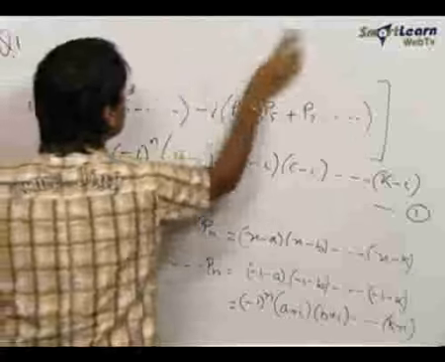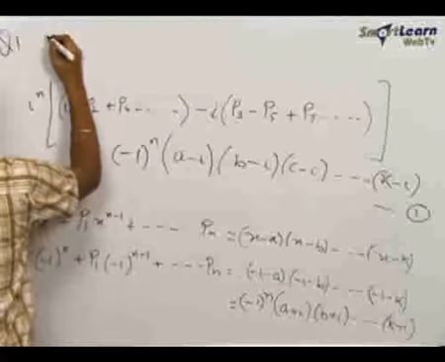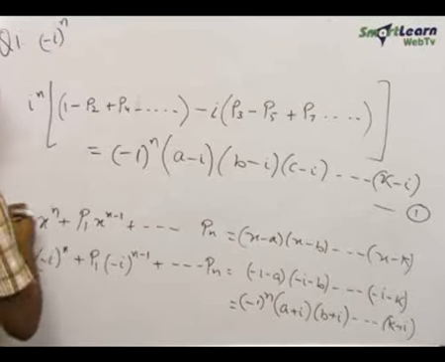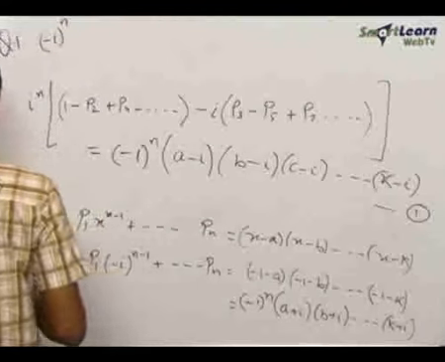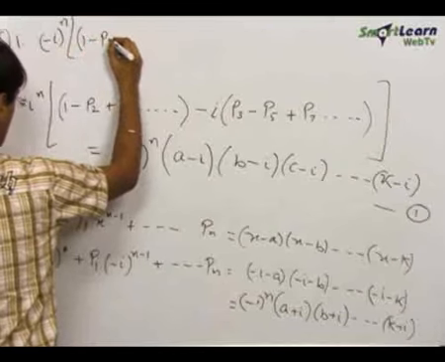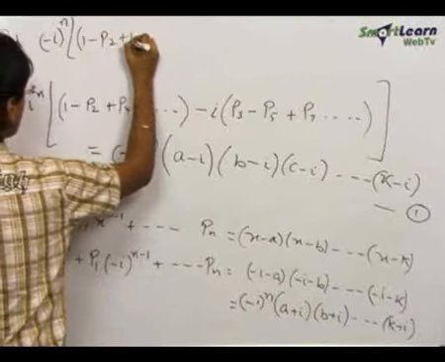Now dealing with the left hand side of this expression, on taking (minus iota) power n common from all these brackets, we will get (minus iota) power n into (1 minus p2 plus p4).